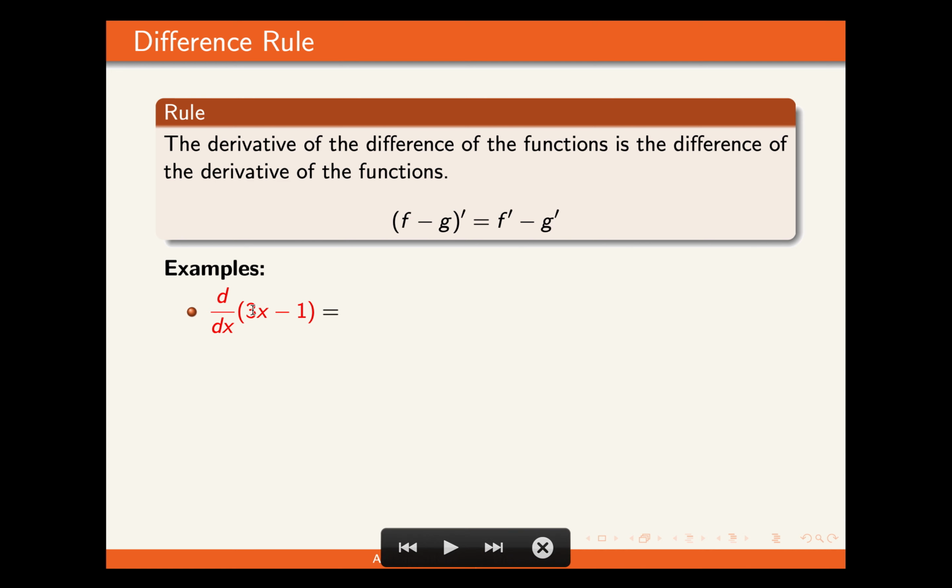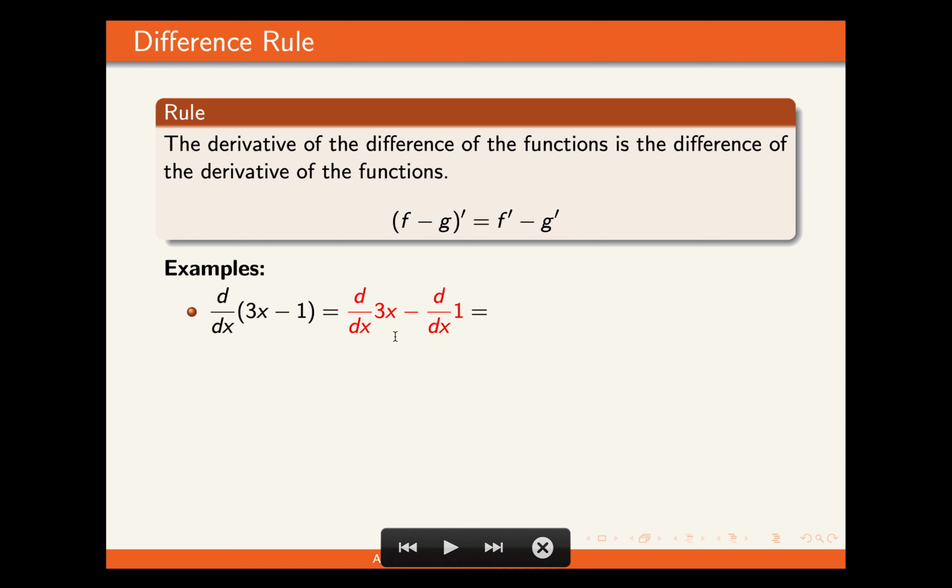It's clear that we can use the difference rule. So how do we apply it? Let's find the derivative of f, which is 3x, find the derivative of g, and just find the difference between them. So what is the derivative of 3x?